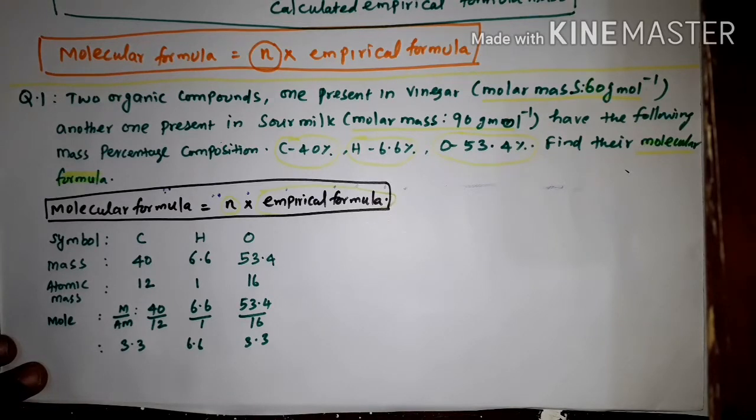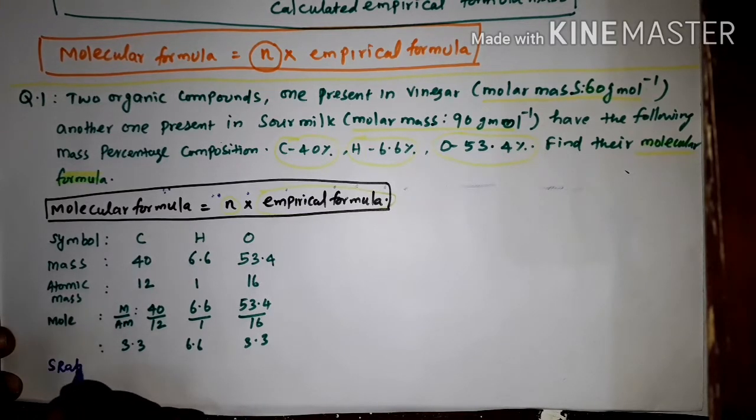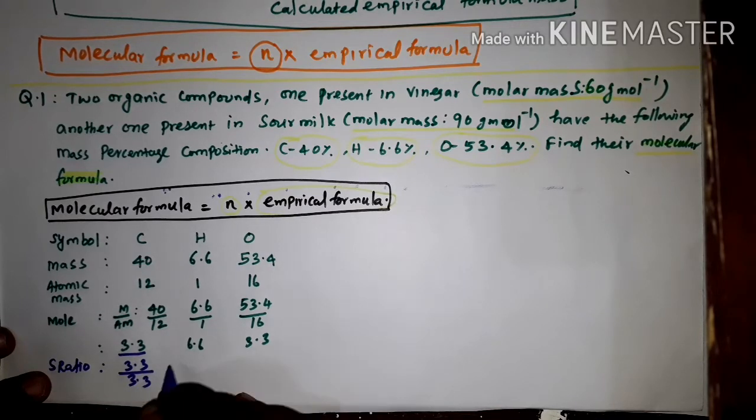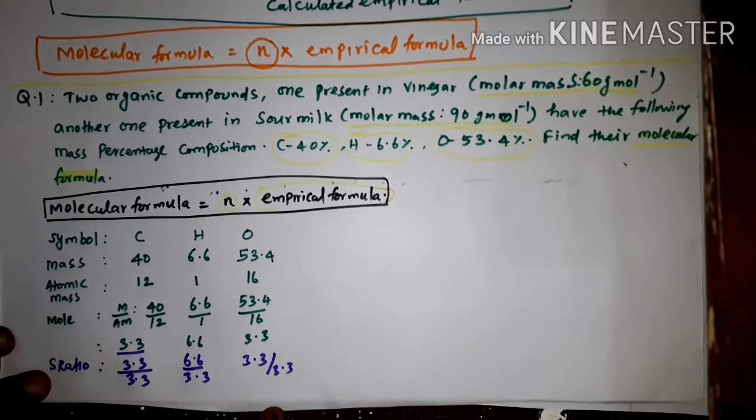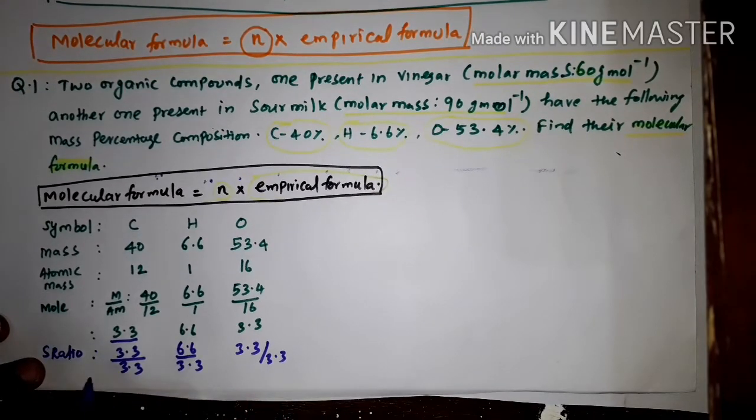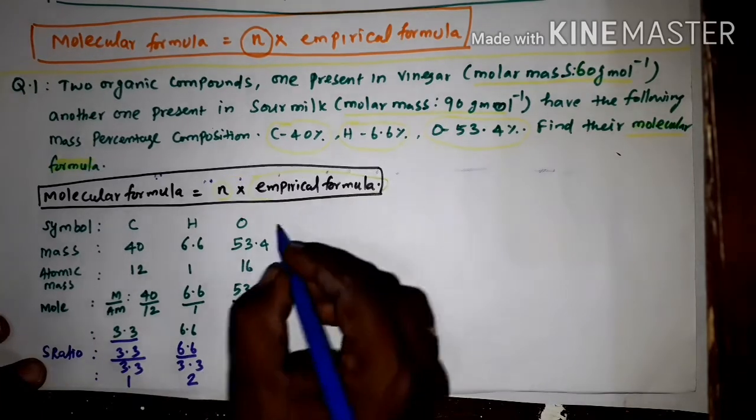How will you find it? Take the smallest number. Which is the smallest number? 3.3. So divide each number by 3.3: 6.6 by 3.3, and 3.3 by 3.3. What numbers will you get? You will get 1, 2, 1. Now the empirical formula.